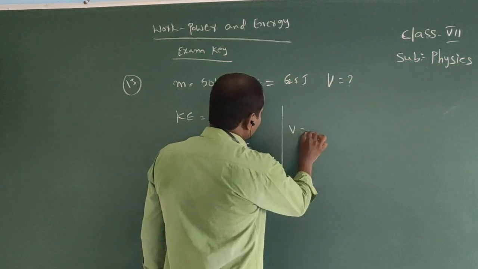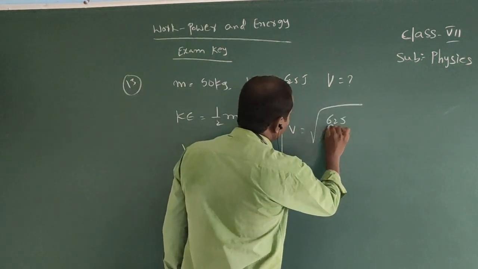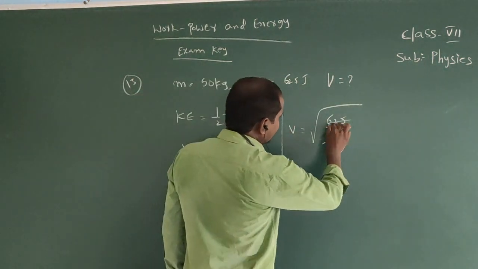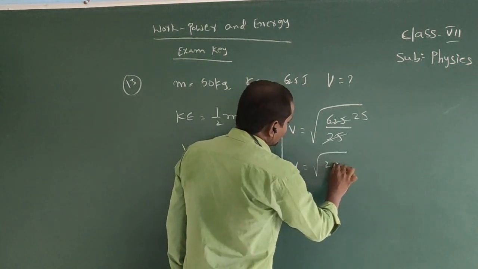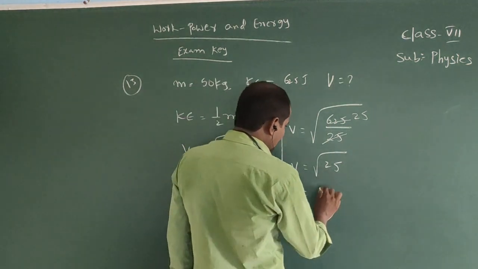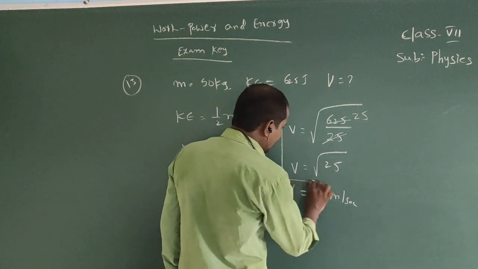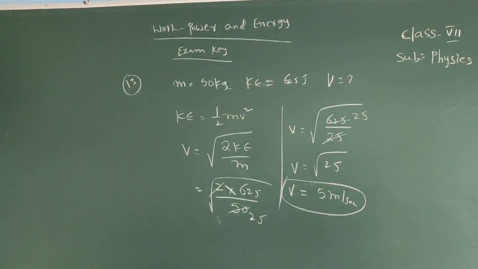So v equal to root of 625 by 25. 25 ones are 25, 25 25s are 625. So v equal to root of 25, that equal to 5 meter per second. Velocity of the body equal to 5 meter per second.